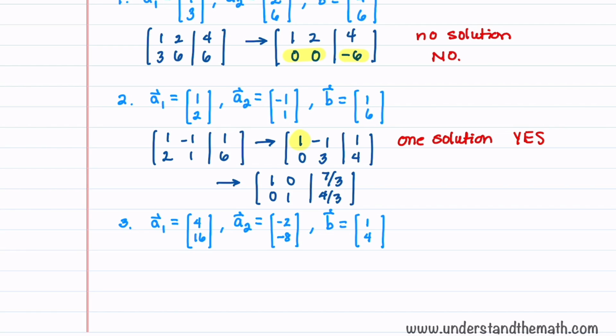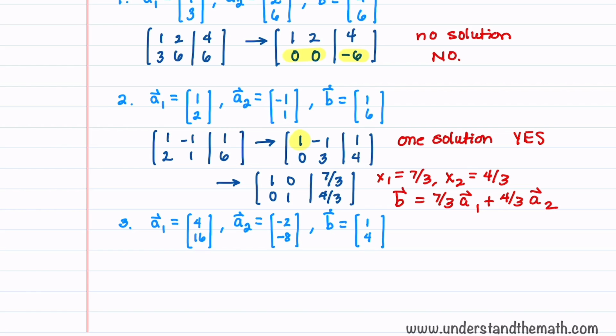We can see that x1 is going to be 7/3 and x2 is going to be 4/3. So we can write B as a linear combination of A1 and A2 like this: 7/3 A1 plus 4/3 A2.